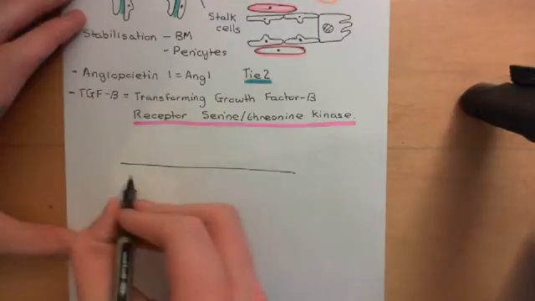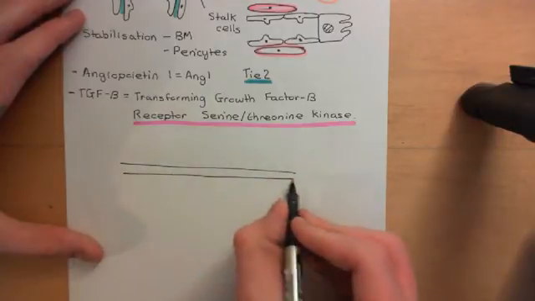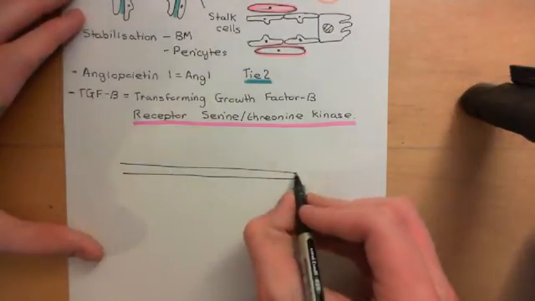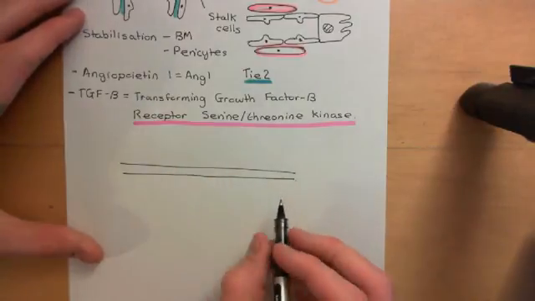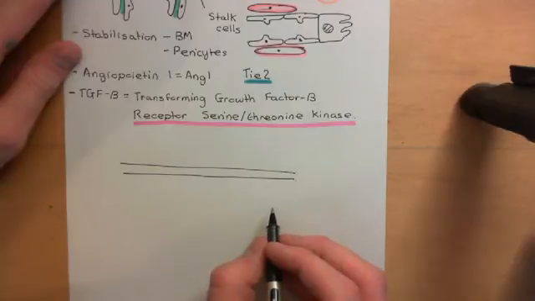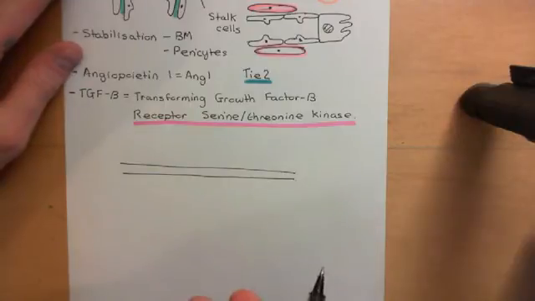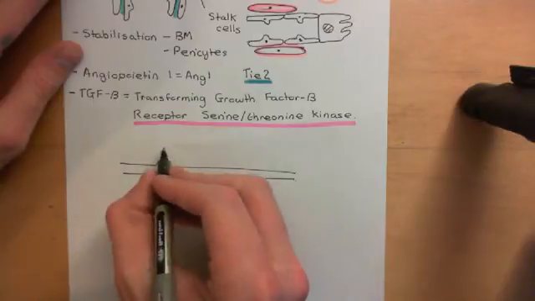So, if this is the cell membrane of our endothelial cell, let's say this is the outer leaflet, this is the inner leaflet. So this is the cytoplasm, this is the extracellular fluid. Okay, so there are two different types of transforming growth factor beta receptor, and they're the two molecules that need to dimerize together to make the full transforming growth factor beta receptor.